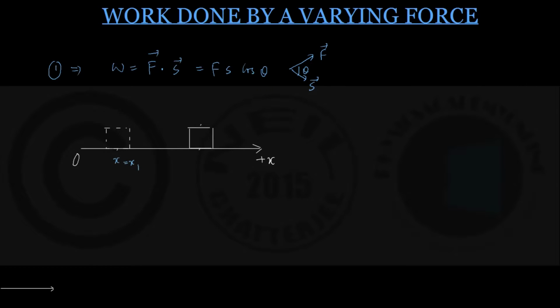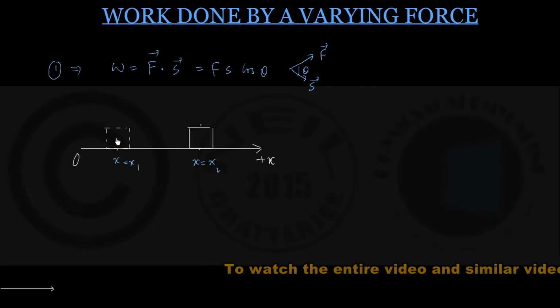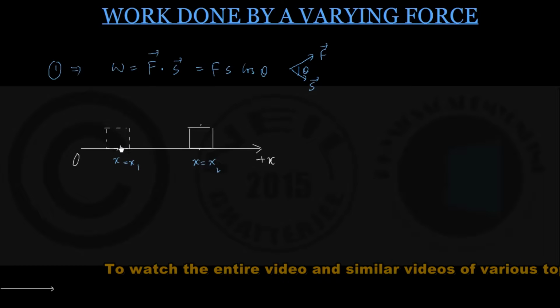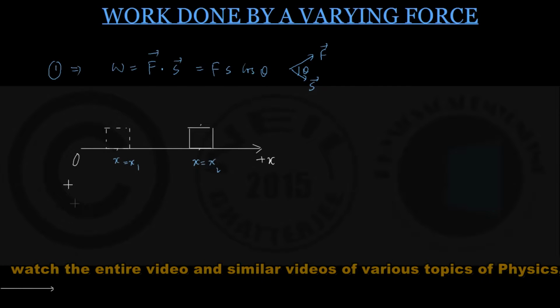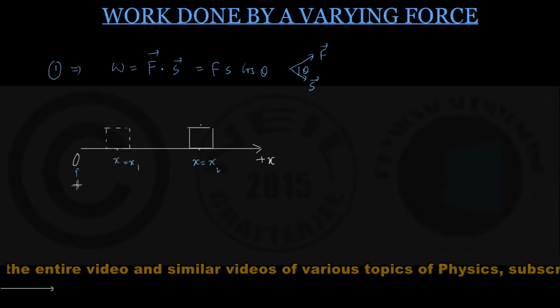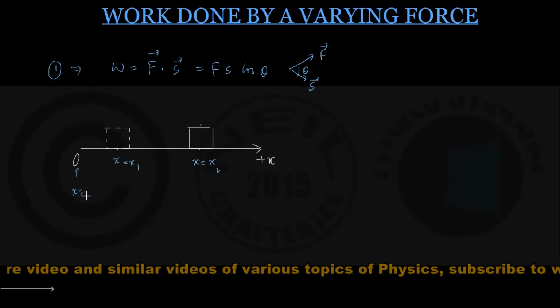So we write down the corresponding x coordinate of the particle, that is the block here. I have told already that you can treat this block as a particle and you can take the center of mass roughly to be its position. In translational motion, we can consider a body of extent as a particle for convenience. And here, of course, this is the origin, that is x is equal to 0 here.